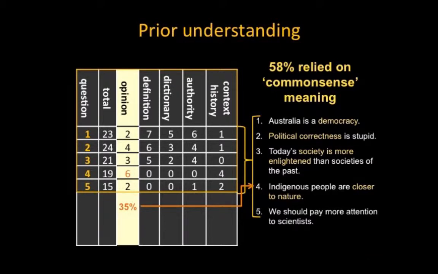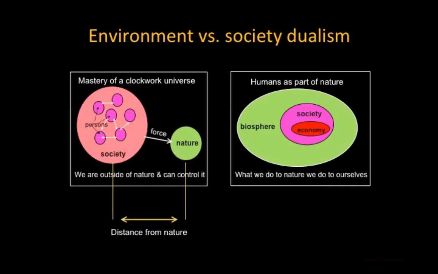Okay, 35% of those who relied on opinion did question 4. Indigenous people are closer to nature. So I'm just going to do a little analysis of how that question makes some assumptions that are embedded in a culture they were supposed to critique.